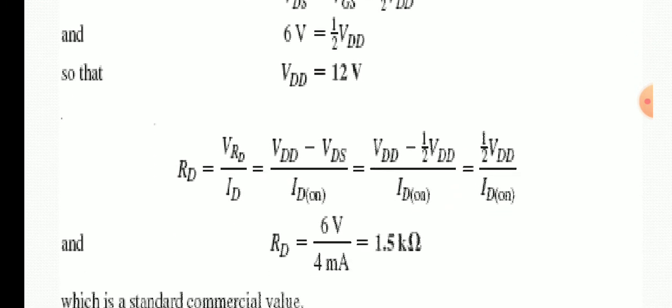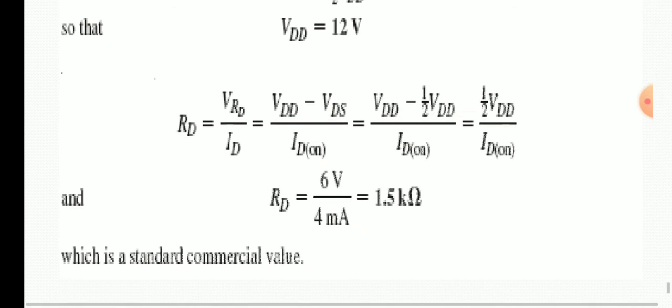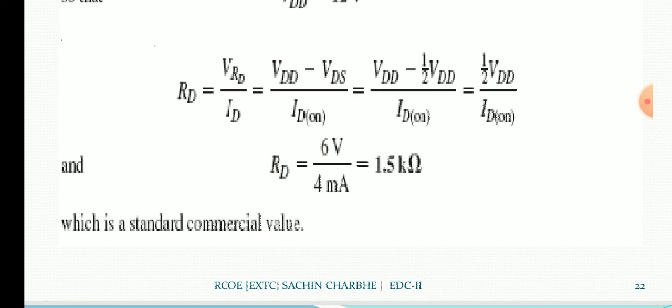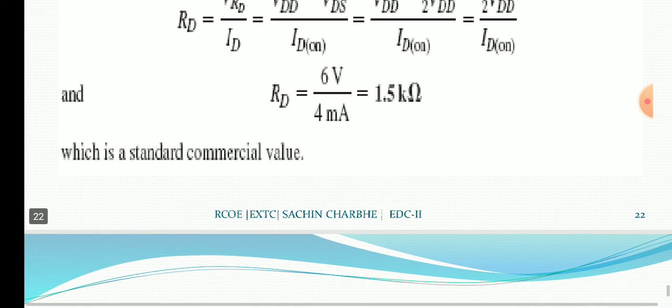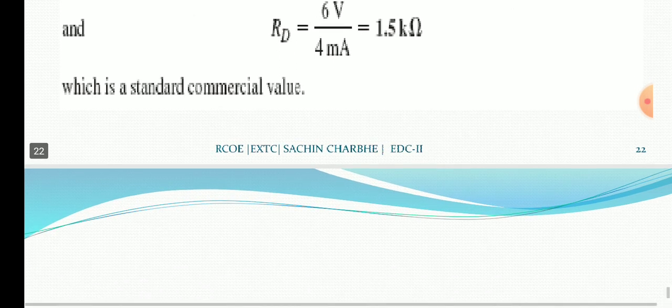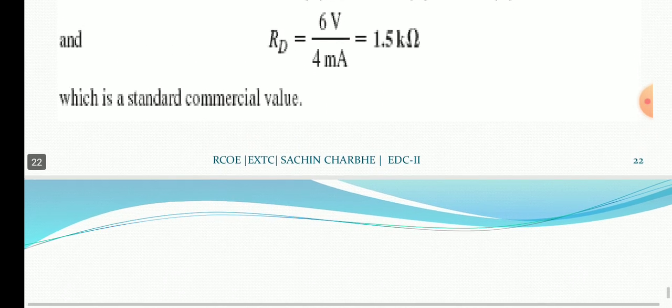Then RD is the drop across RD, VRD, divided by ID. VRD is VDD minus VDS divided by ID on, and VDD minus VDS is nothing but half VDD. So put the values: RD equals 6 volt divided by 4 milliampere. So RD will be 1.5 kilo ohm, which is a standard commercial value.